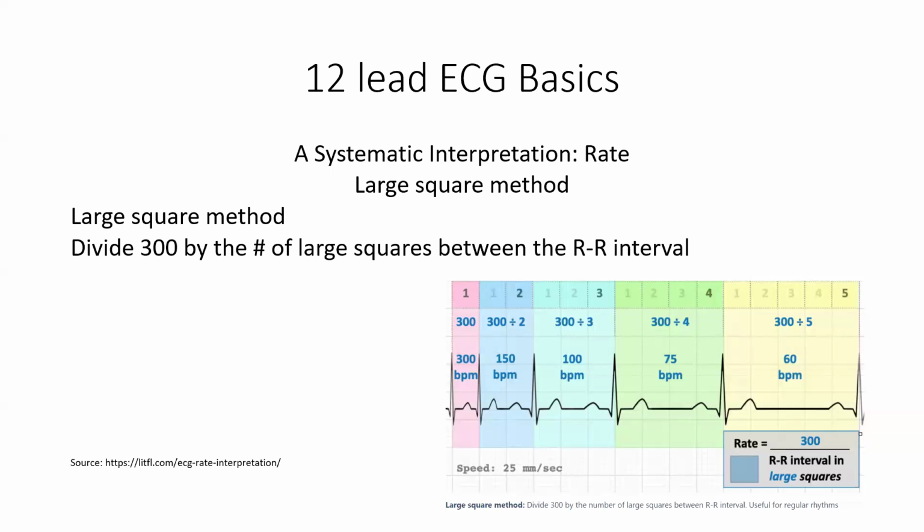So if the R to R interval is 1 big box apart, it's 300 beats a minute. 2 is 150, 3 is 100, 4 is 75, and 5 is 60. After that, the formula becomes a little less reliable.